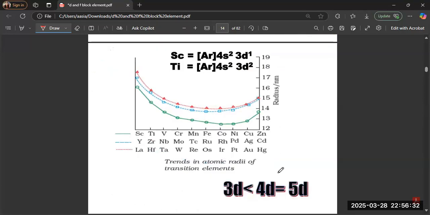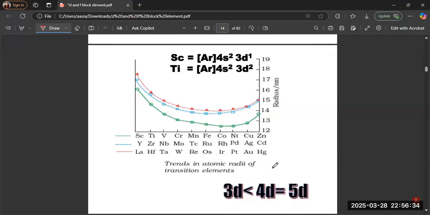Now let's see the trends in atomic radii of transition elements. As you can see, the atomic radii of 4d and 5d series are almost equal, and the radii of 3d is less than that of 4d and 5d. See here, this is for 5d, this is for 4d, and this is for 3d.